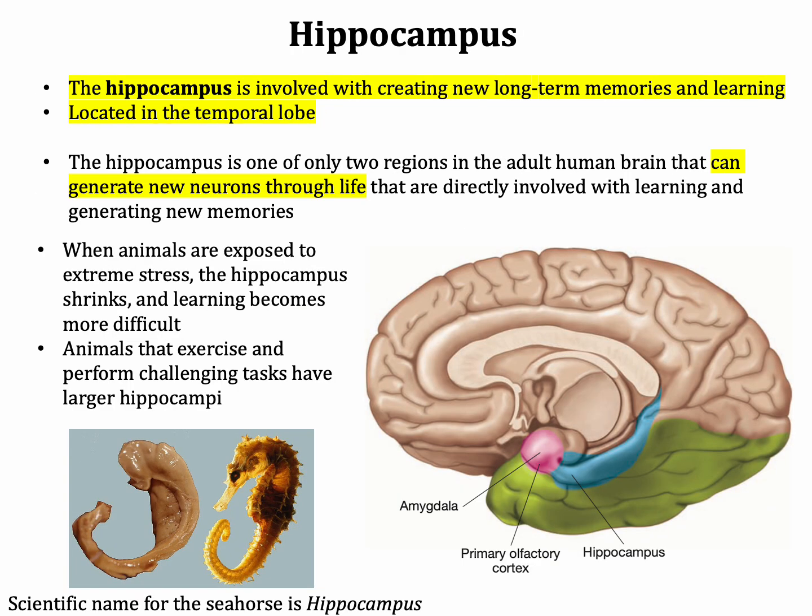With the hippocampus, this is involved with creating new long-term memories and learning in general. The name hippocampus comes from the scientific name for seahorse, because when anatomists removed it from the brain, it looked just like a seahorse, as you can see here. So it has that hooked, weird shape.